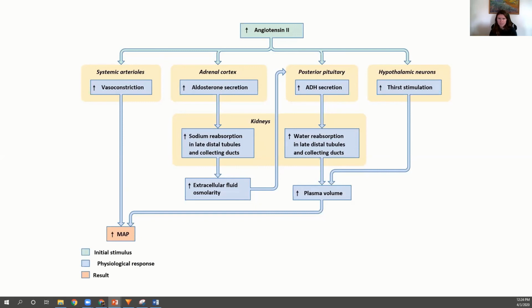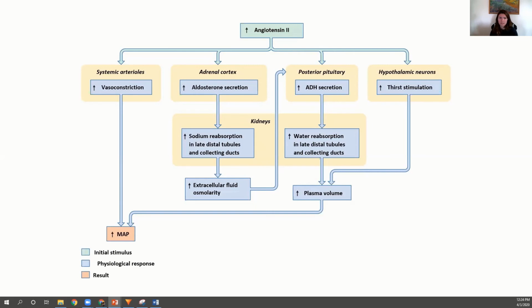Aldosterone's job in the kidneys is to increase sodium reabsorption by first pumping a lot of sodium out of the epithelial cells in the distal tubules and the collecting ducts, because it's making sodium potassium pumps, and also it's increasing our sodium channels in the apical membrane so that we can have a quick flow of sodium through those cell walls.